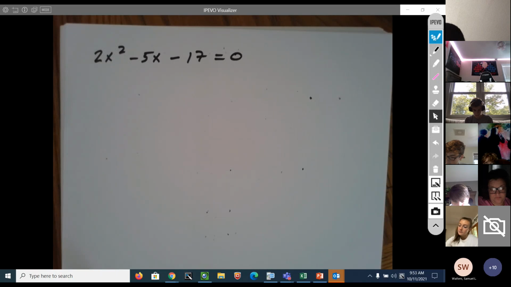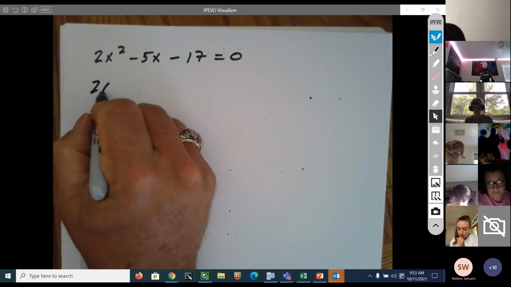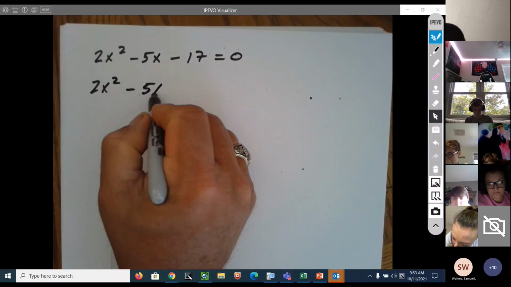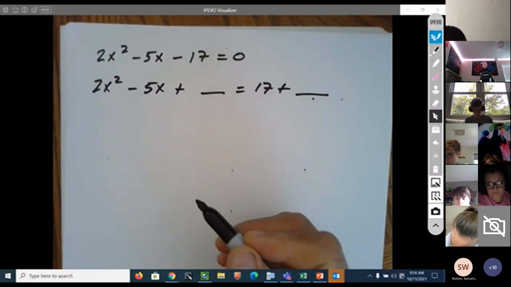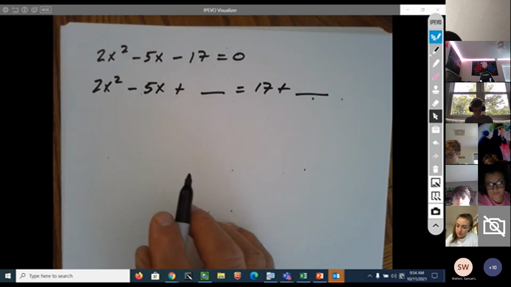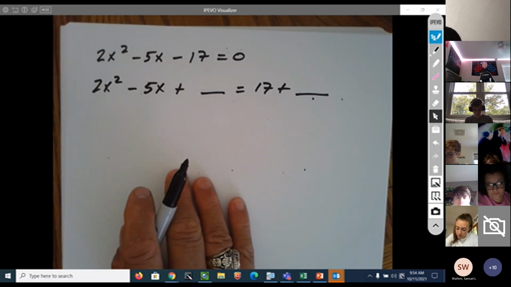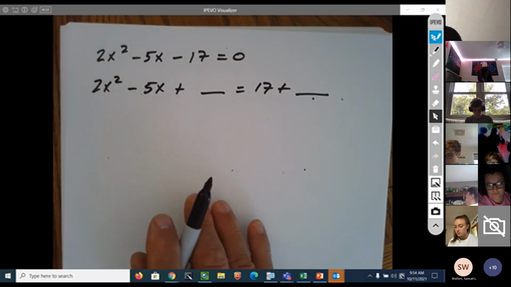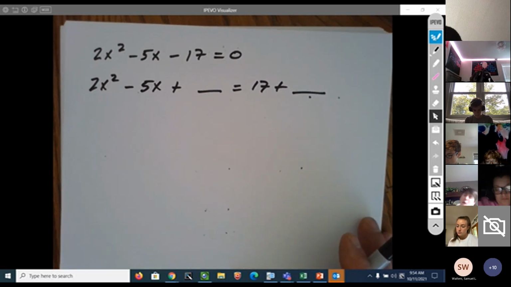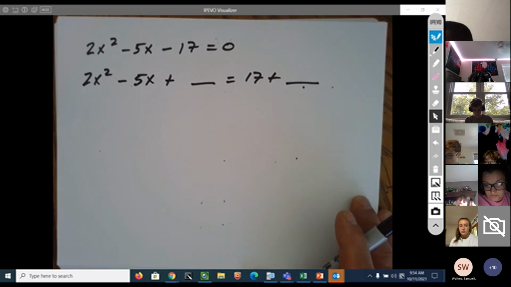All right. So here we go. So that's going to be 2x squared minus 5x plus blank is equal to 17 plus blank. And a lot of people saying, Hubert, why are you going over the complete the squares? We've been going over it all the last 2-3 weeks. Yeah, but I'm still going over it because most of you are finding out what happens when you keep doing so much completing the square.